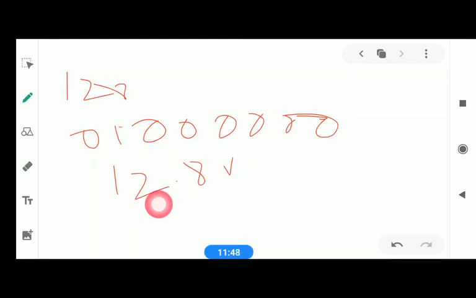So which is half of, meaning exactly mid between 128 and 0. So exactly mid between 128 and 0 is 64. So this value is 64, right?